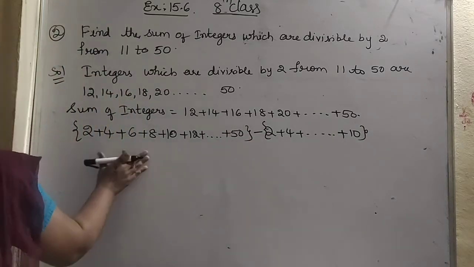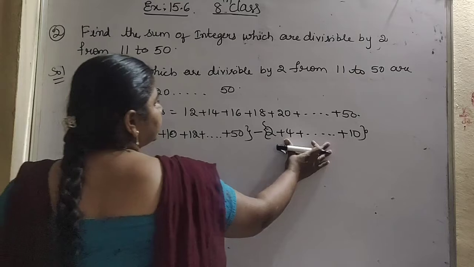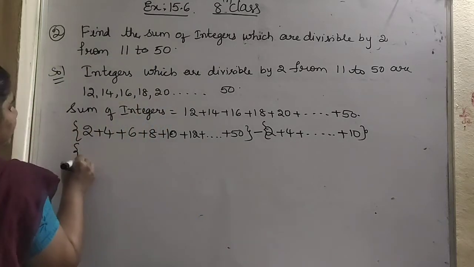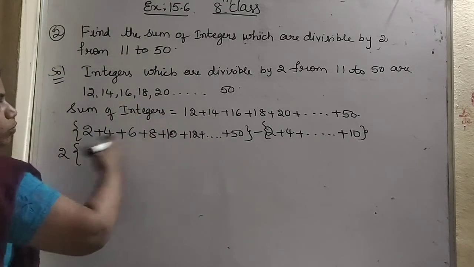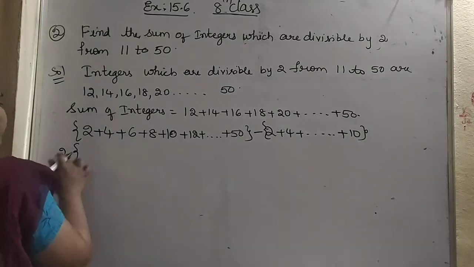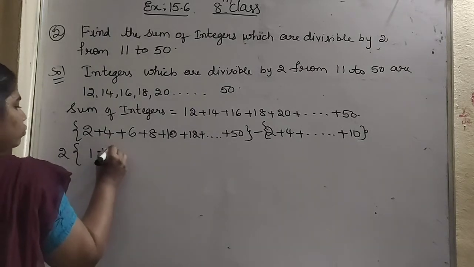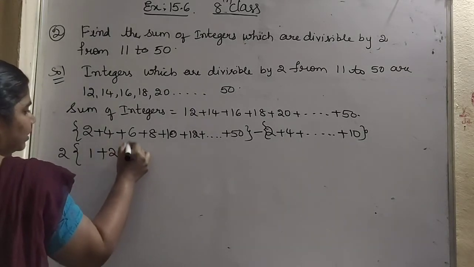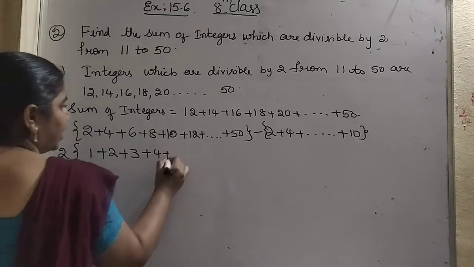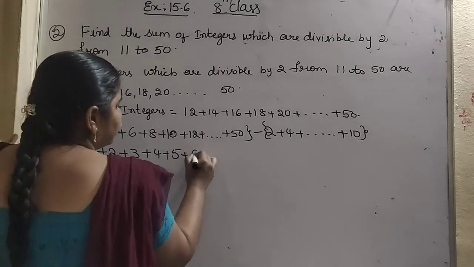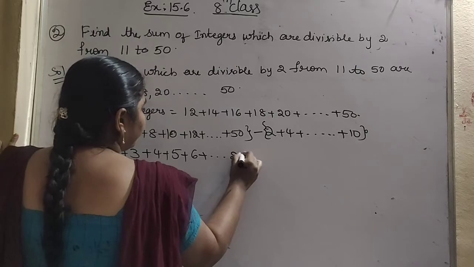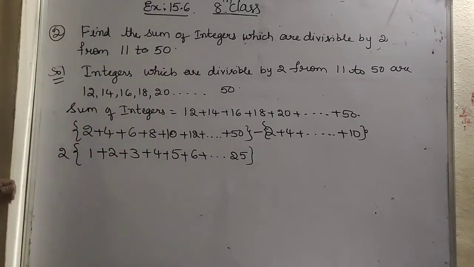Okay, so these are also divisible by 2 and these are also divisible by 2. So from all these sets I am taking 2 as common. So 2 ones are 2, 2 twos are 4, 2 threes are 6, 2 fours are 8, 2 fives are 10, 2 sixes are 12, so on up to 2 twenty-fives equal to 50.